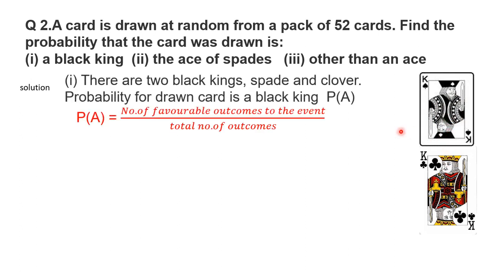Number of favorable outcomes upon total number of outcomes: 2 upon 52, since the total number of cards in a pack is 52. It cancels by 2, so the probability is 1 upon 26.